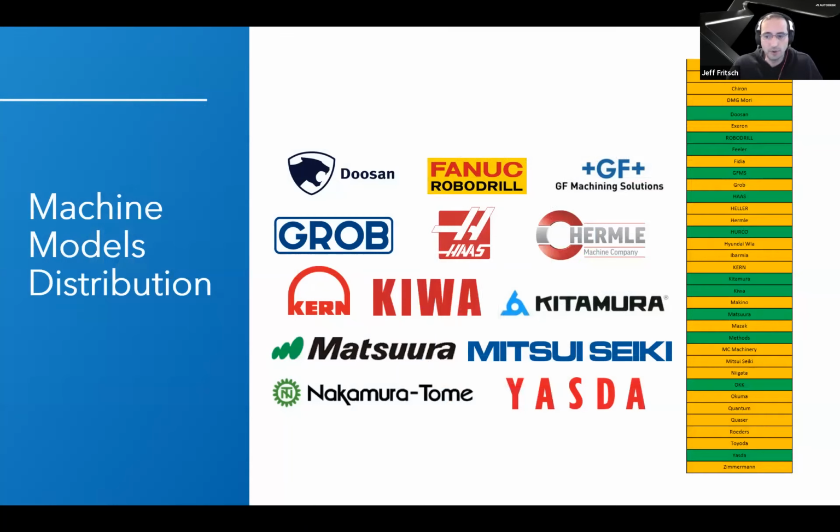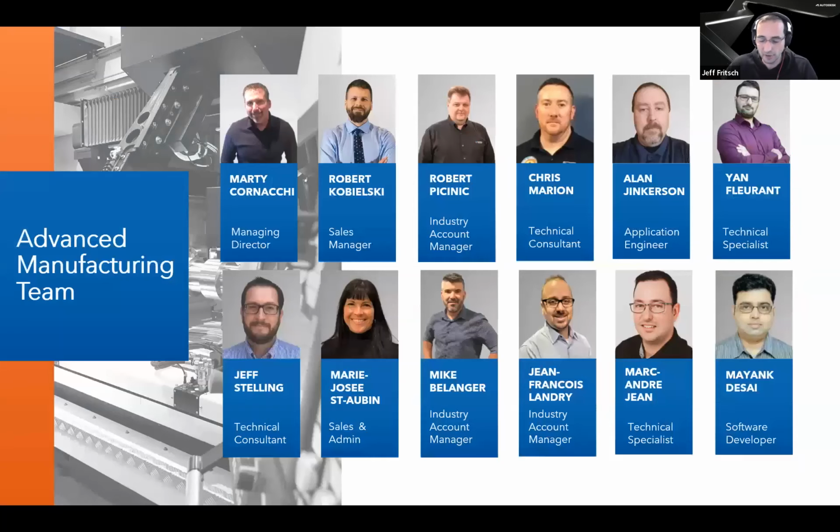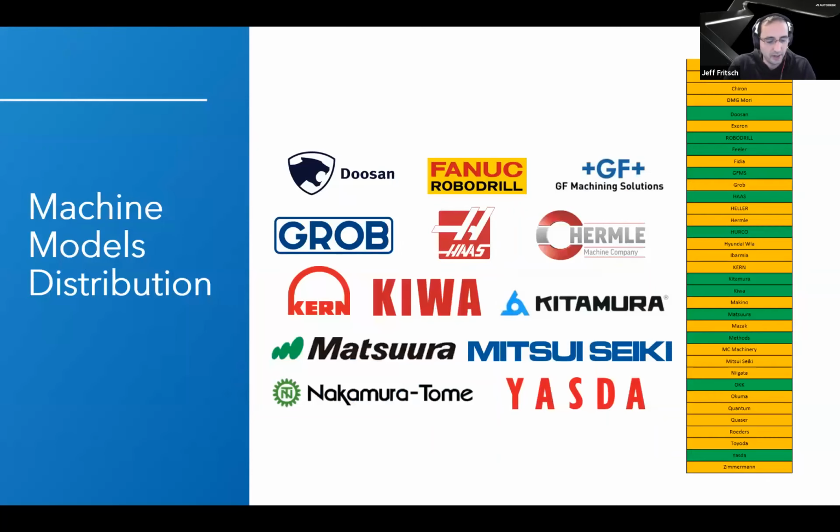Of course, there's all kinds of other machine tools that we're supporting as well. And if you have equipment that may not necessarily be on this list, that doesn't mean it cannot be supported. There's plenty of other machine tools that we have supported for customers over the years, and we'll definitely be happy to do that for you guys.